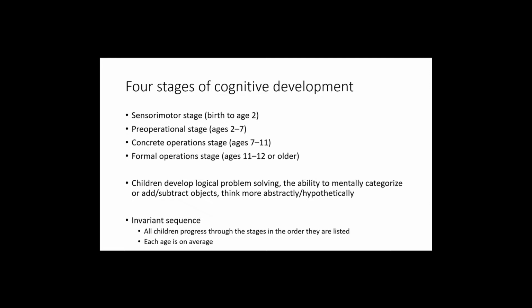All right, so the big takeaway here is that he is a stage theorist. At each stage, you have a qualitative shift in abilities. You acquire the ability to multiply, do calculus, have theory of mind, and ultimately you think more abstractly.